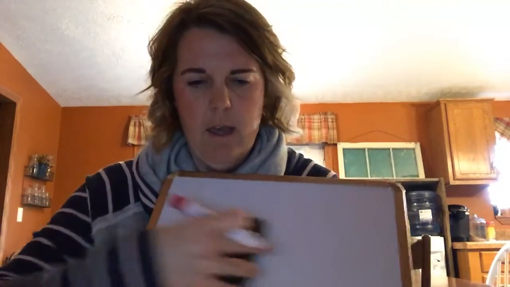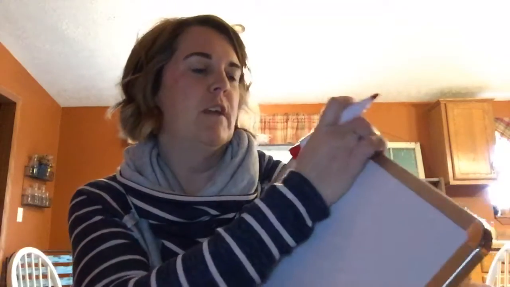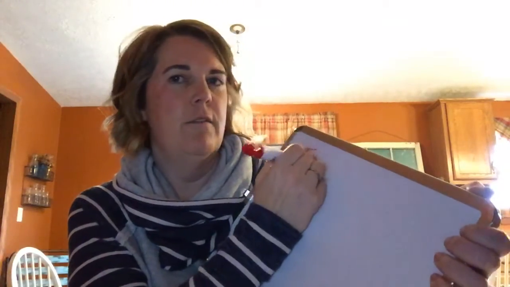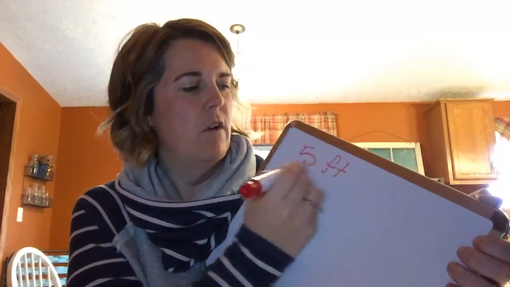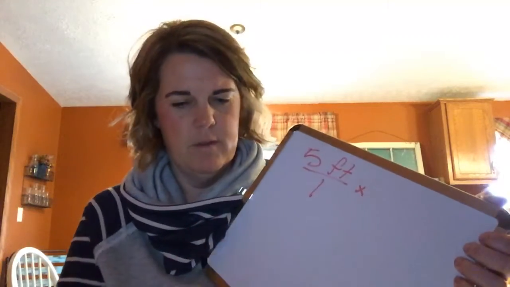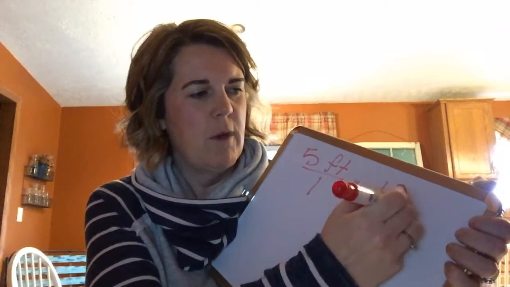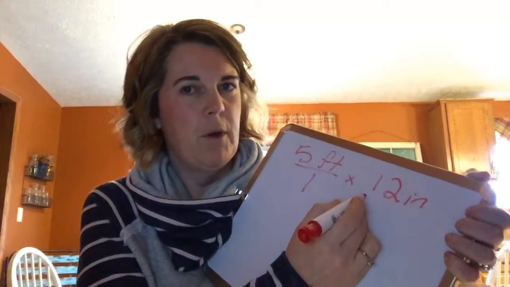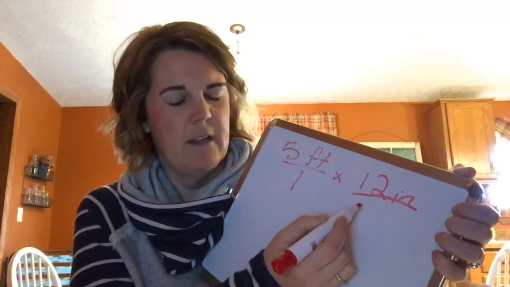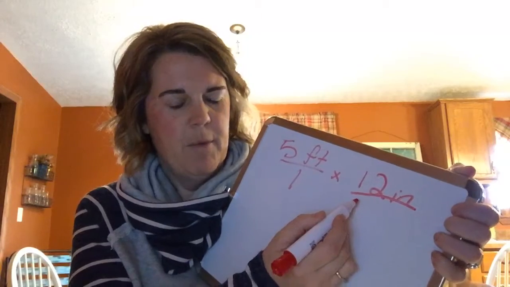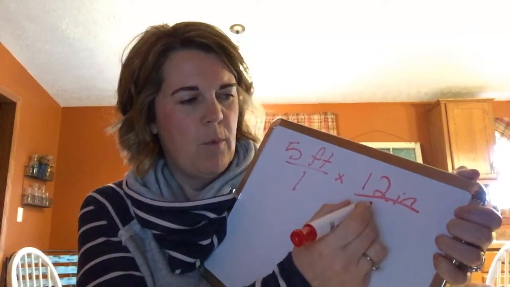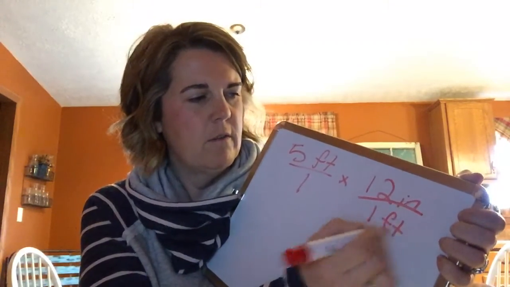Okay, let's see. The next example says multiply 5 feet by 12 inches per foot. So we're gonna go 5 feet over 1 times 12 inches per foot, so per 1 foot, okay?